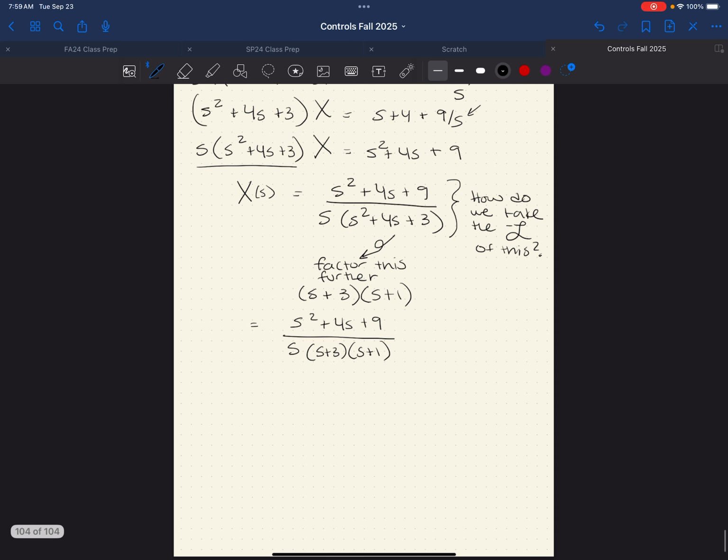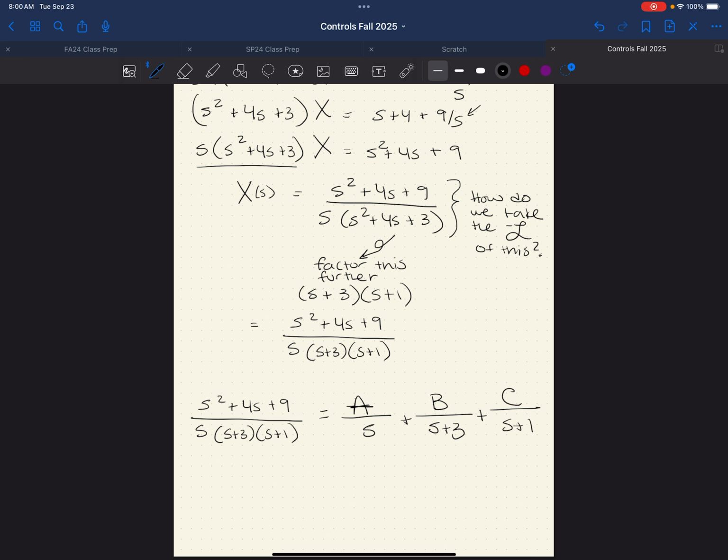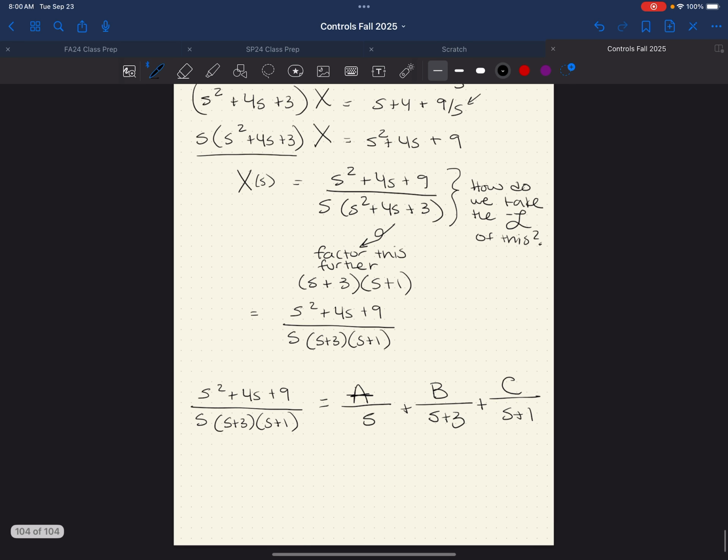Okay, now partial fraction decomposition allows us to say, all right, I have this thing that looks like this, but I would prefer it to look like something on the top over s, plus something else on the top over s plus 3, plus something else on the top over s plus 1. All right.